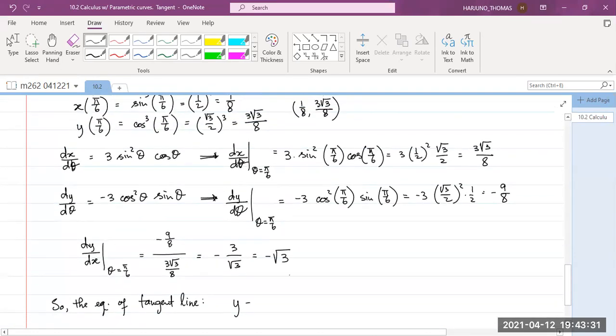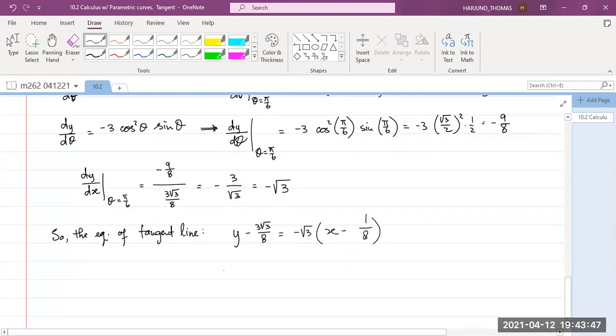What is my y1? 3 radical 3 over 8 equals the slope times x minus x1. So y minus 3 radical 3 over 8 equals negative radical 3 x plus 3 and plus radical 3 over 8. That becomes 4, huh?